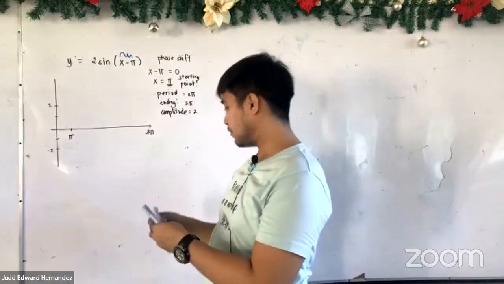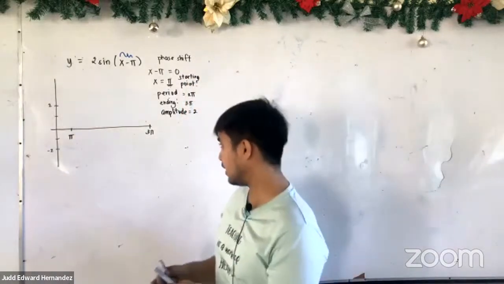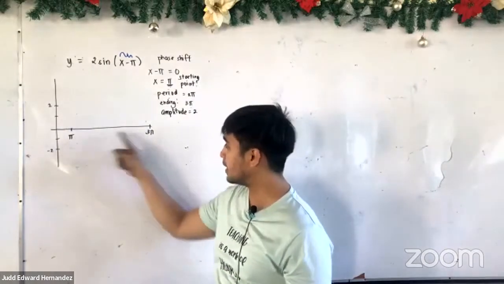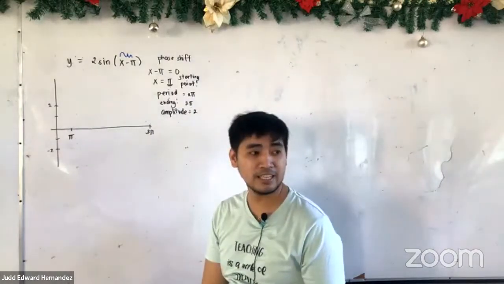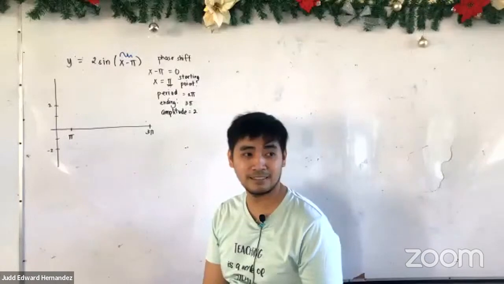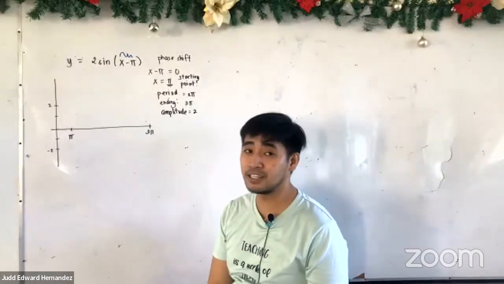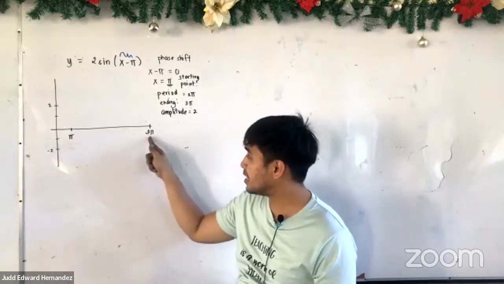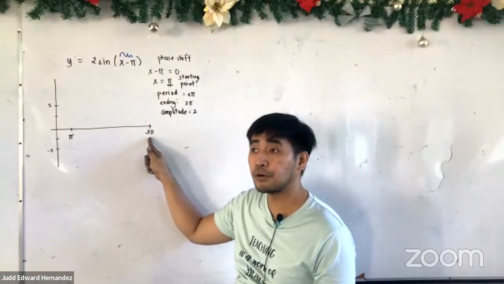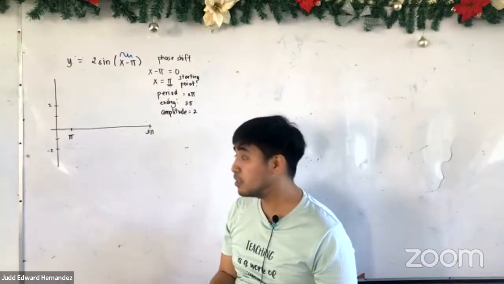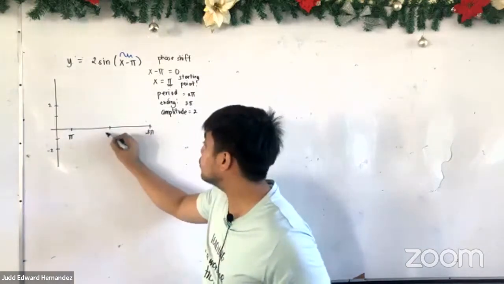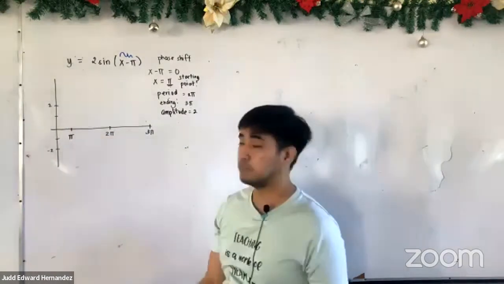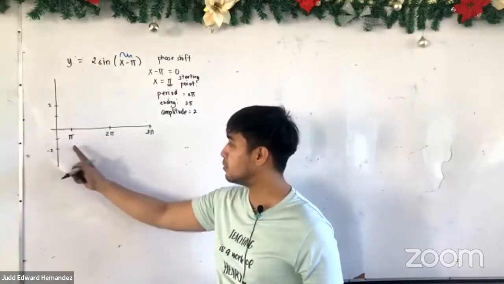Okay. So for this one, ano yung nasa gitna ni pi at ni 3 pi? 2 pi po. Nasa gitna niya, therefore you get the midpoint. Pi plus 3 pi is 4 pi. 4 pi divided by 2 is 2 pi. O paano naman natin makukuha yung nasa gitna ni pi at 2 pi?